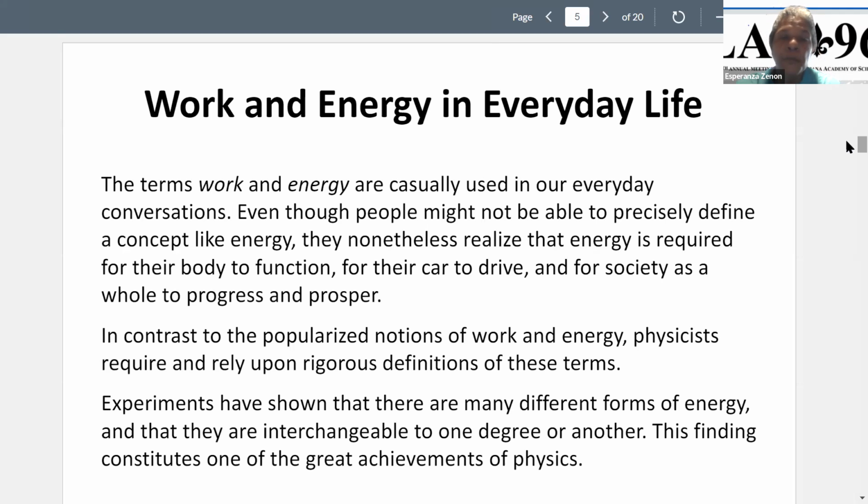Like you take in food and the body transforms it into energy that's processable and usable by your body systems, right? And our understanding of energy and its different forms and how they interchange is one of the most important contributions that physics has been able to offer to the world.